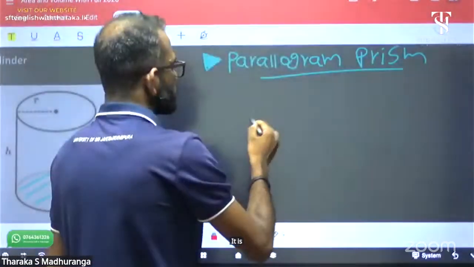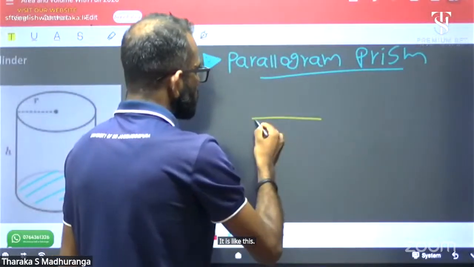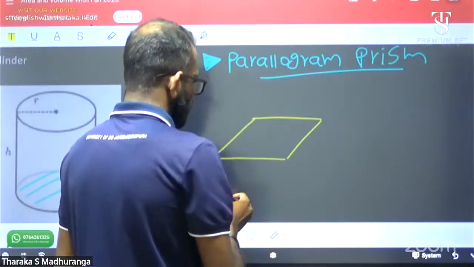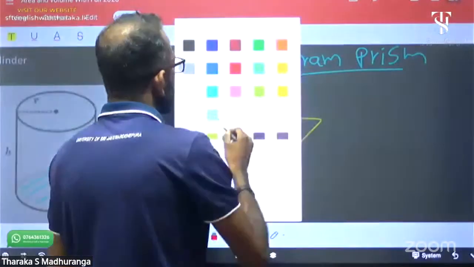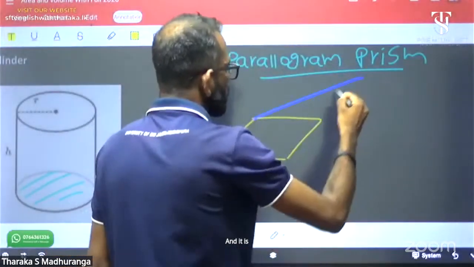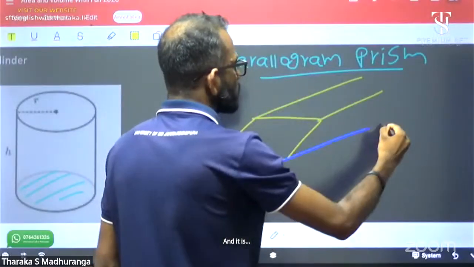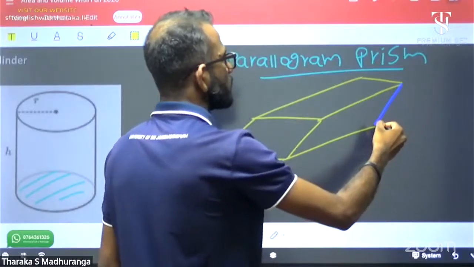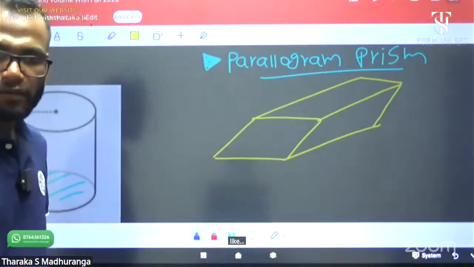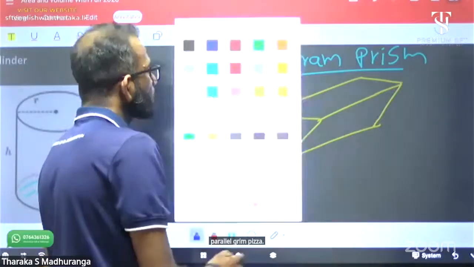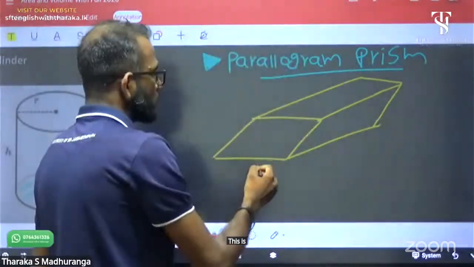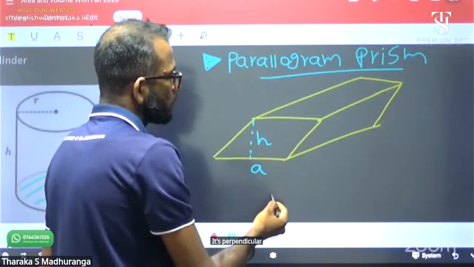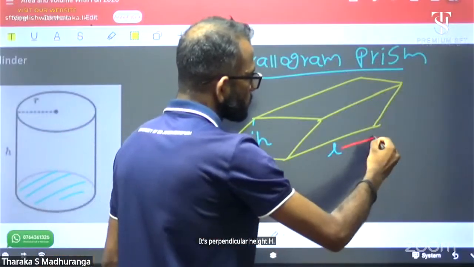It is like this. The parallelogram is the cross section and it is a uniform cross section, like this. Parallelogram prism. This is A, its perpendicular height H, and L.